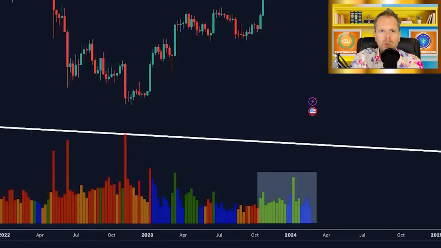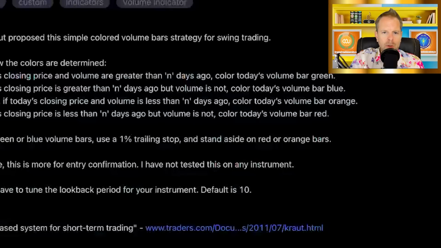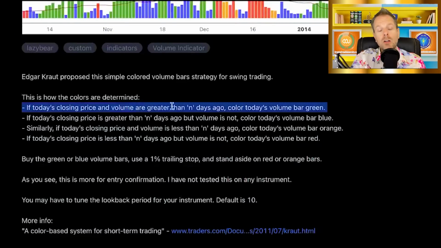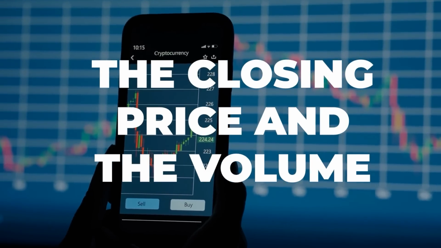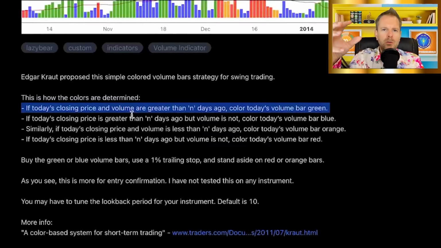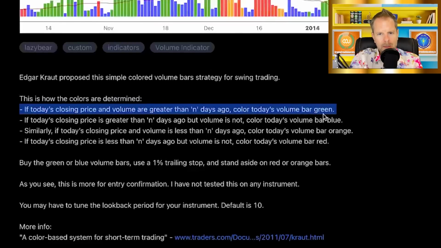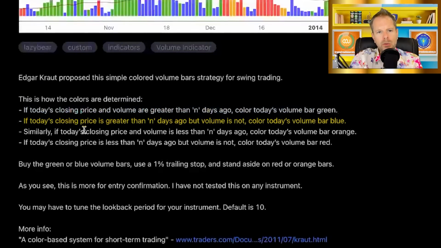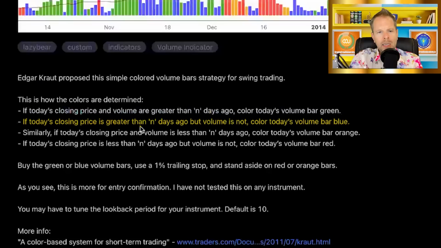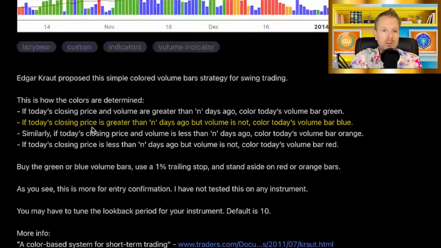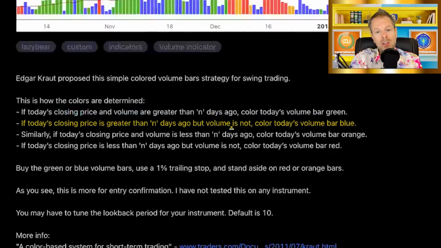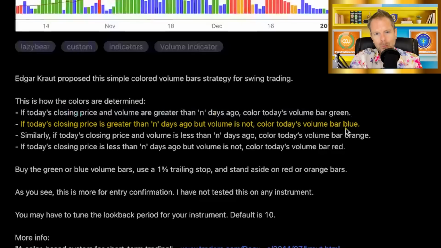Now, to get a little breakdown of what these represent, we have some rules here. It talks about the closing price of the volume, right? The closing price and the volume. If they're greater than the relative range that they're compared to, the bar will be green. If you're comparing the closing price and the volume and the closing price is greater, but the volume is not, the bar is blue.